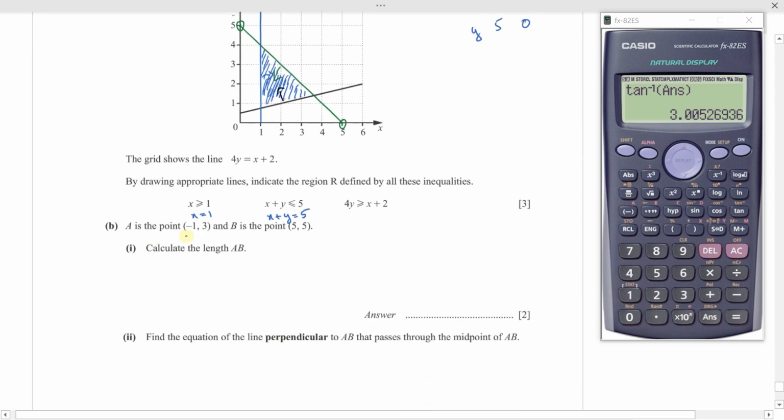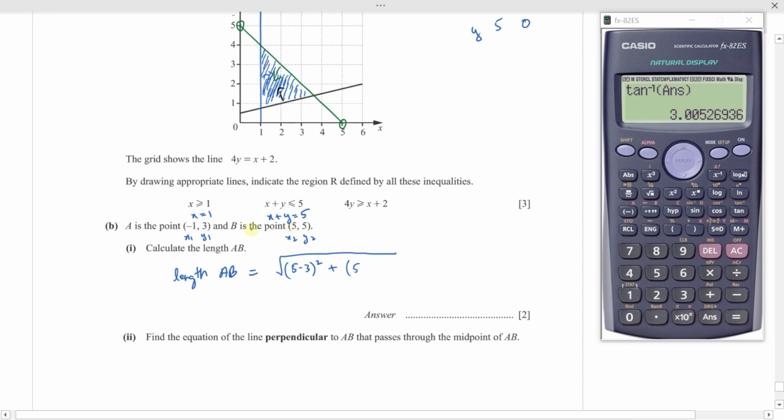The next part is: A is the point -1, 3, B is the point 5, 5. Calculate the length AB. Let's call these points x1, y1 and x2, y2. So the length AB will be the square root of (y2 minus y1) squared, so 5 minus 3 squared, plus (x2 minus x1) squared, 5 minus minus 1.